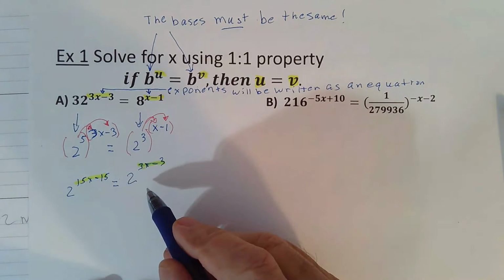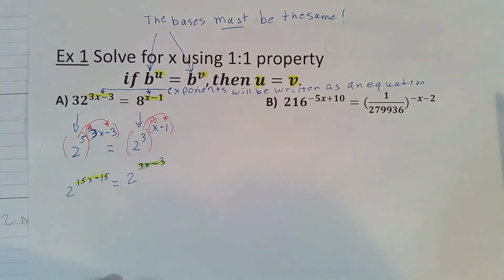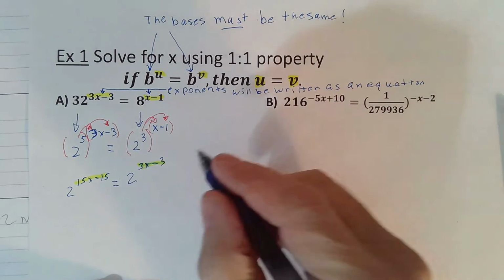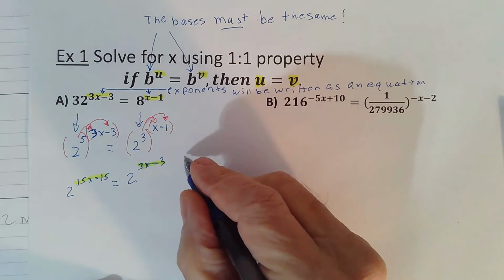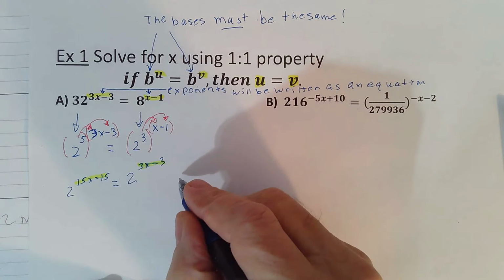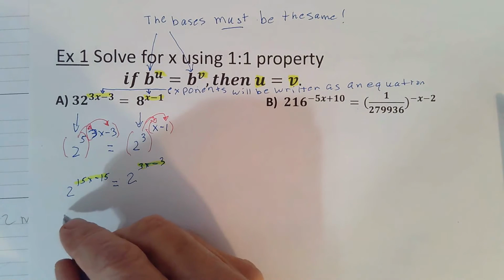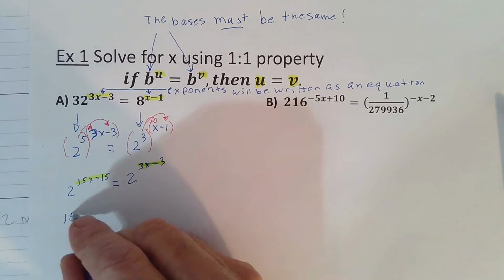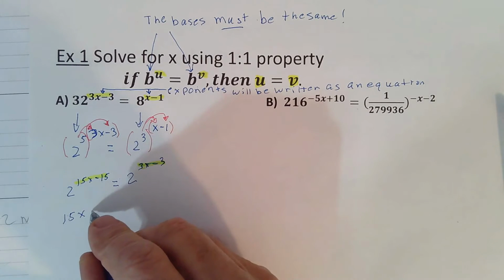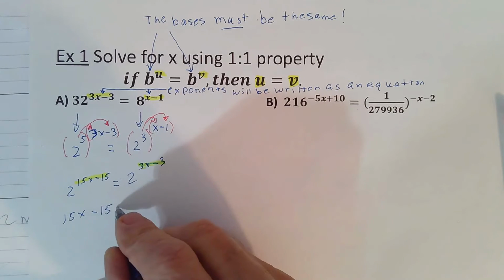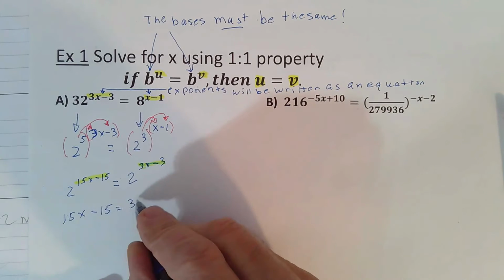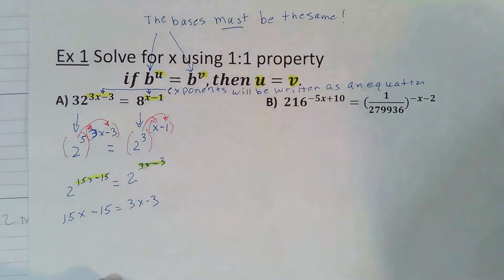So we want to go ahead and get rid of the common base. So that's what we just did. We got rid of the common base, and we're going to leave ourselves with 15x minus 15 equals 3x minus 3. Okay.